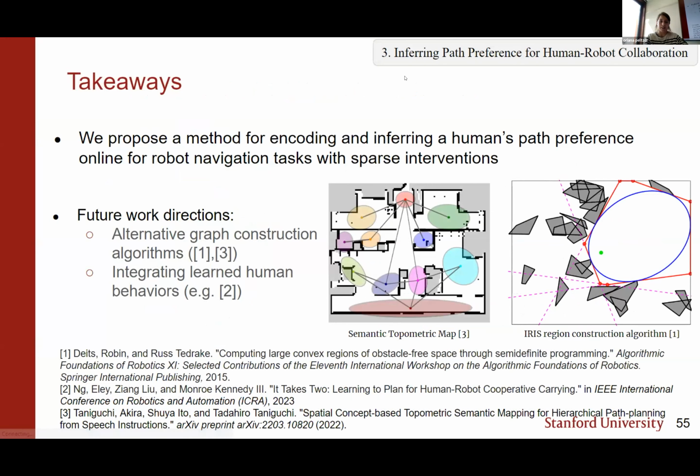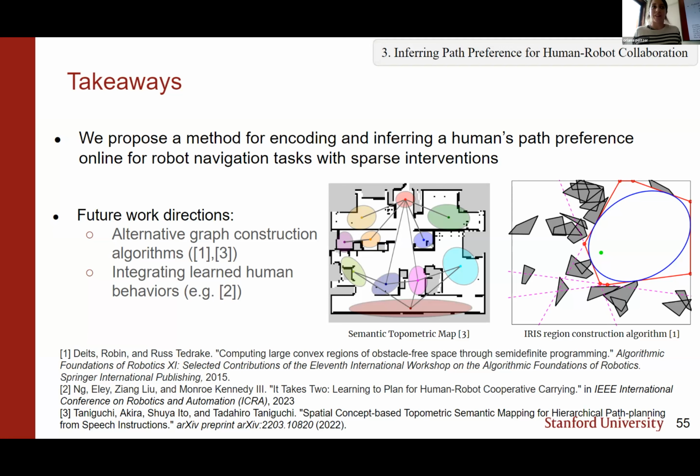Okay, so as a takeaway here, we proposed a method for encoding and inferring a human's path preference online for navigation tasks with sparse human interventions. We're still in the world of simulations, and the way in which we encoded path preference with these sets and the way that we obtained the graph are very imperfect.